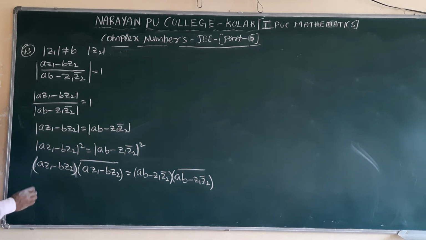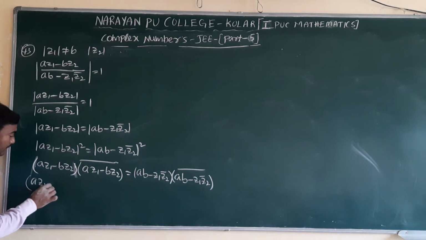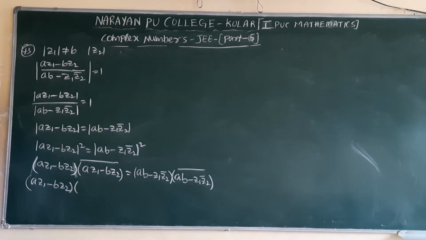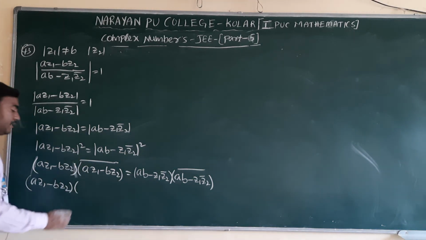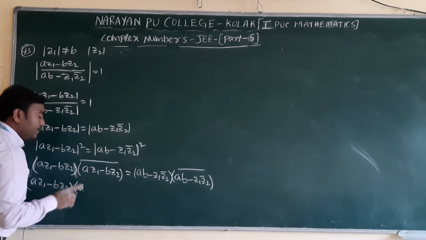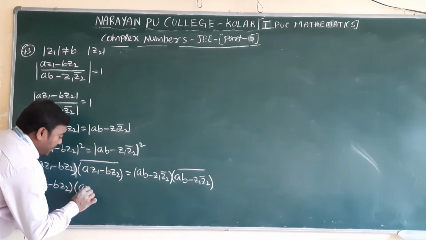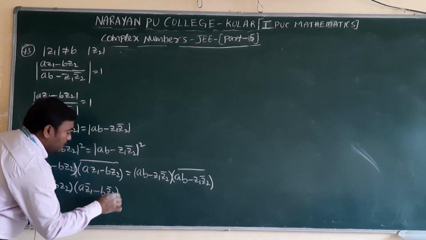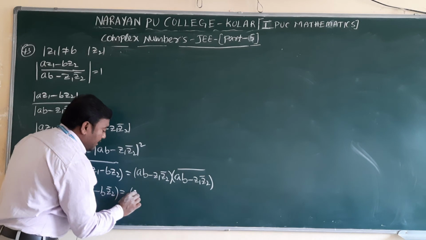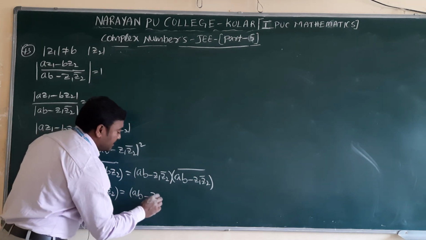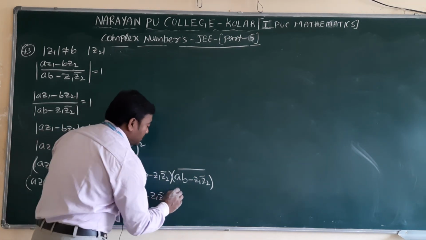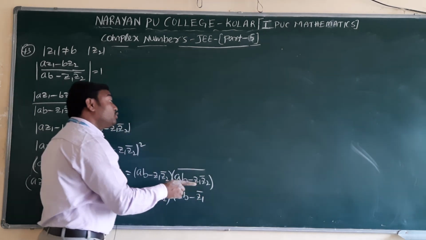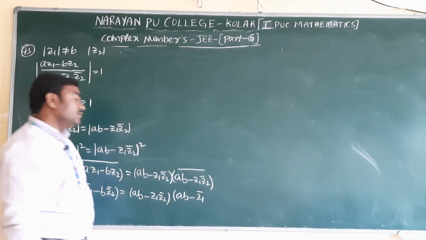Applying the conjugate property, a and b are real, so we get a z1 bar minus b z2 bar is equal to ab minus z1 bar z2, since z2 bar whole bar is z2.